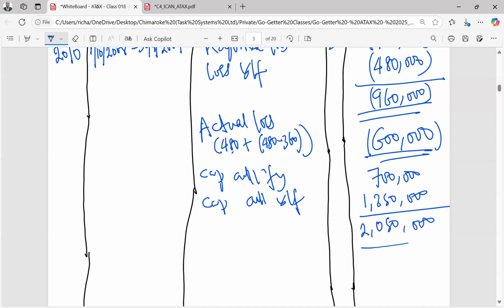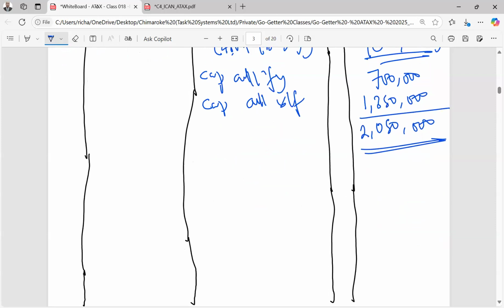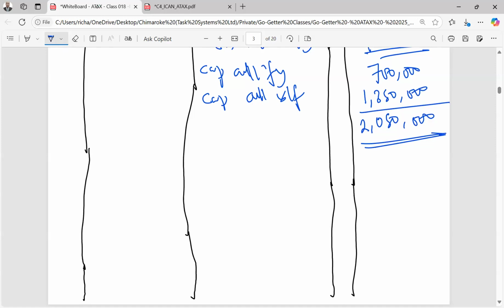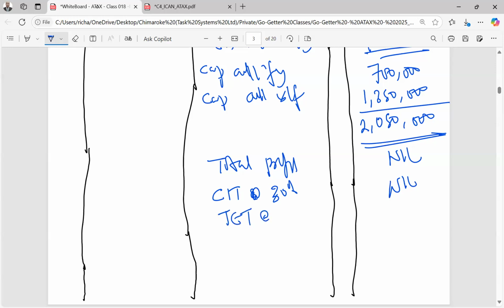This is the capital allowance you are taking to the year 2011. So suffice it to say here, total profit is nil. CIT at 30%, nil also. Tertiary education tax at 2%, nil. This brings an end to this year of assessment.